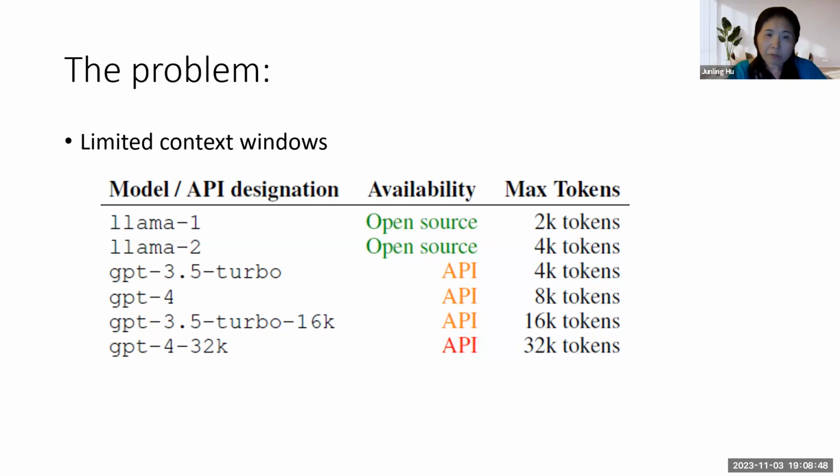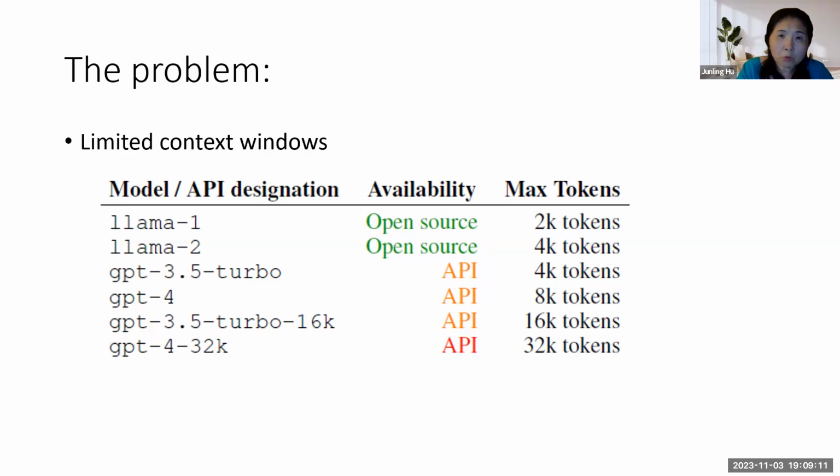GPT-3.5 is 4,000 tokens. GPT-4 now defaults to 8,000 tokens. Then if you work with OpenAI using the API, you can access 16K tokens, or even GPT-4 32K tokens, which is actually not bad.